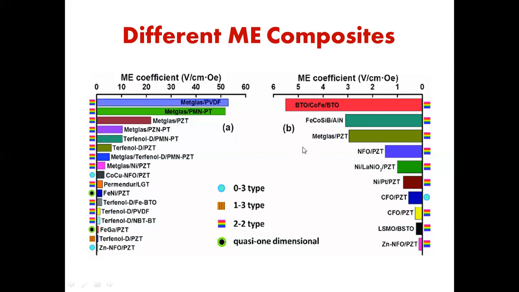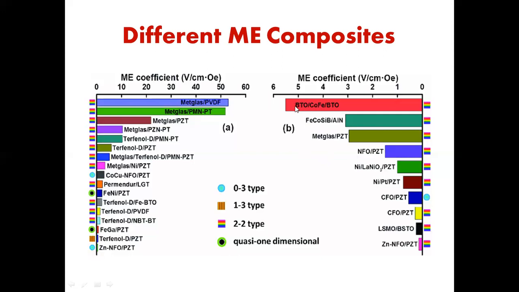That is why they have been grouped separately, whereas the ME coefficient obtained in this class of materials has a very high value. Note that this is volt per centimeter oersted. These are the very high values obtained for different systems.